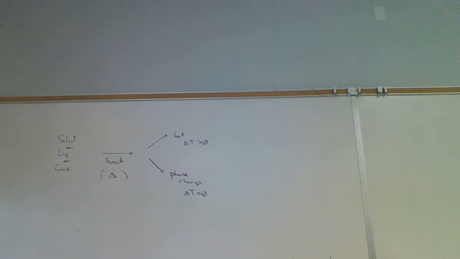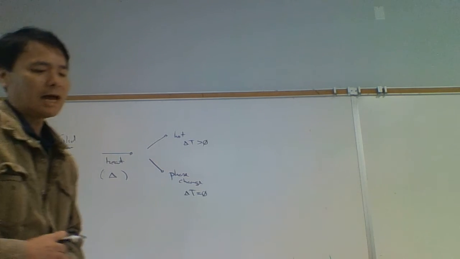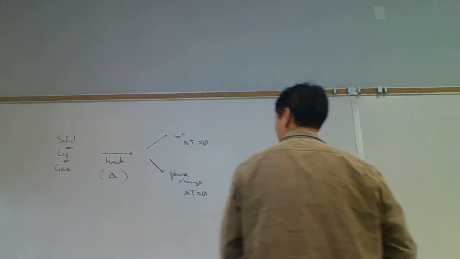What the heat can do is go into warming up the solid or the liquid or the gas, so there's more kinetic energy. But at certain points, all that heat goes into breaking apart the solid, breaking apart the liquid, or breaking apart the gas when we convert it to plasma.